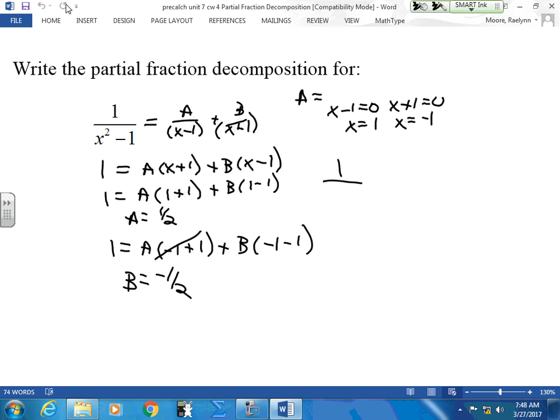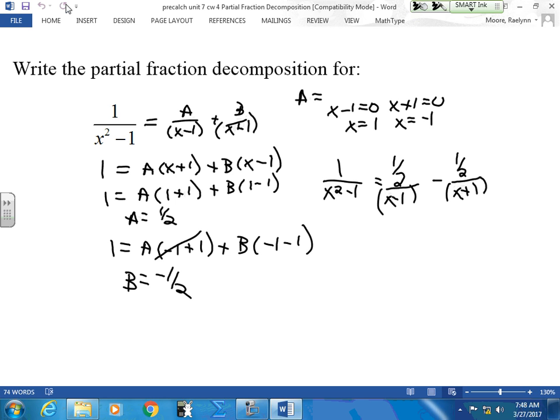We have to start like this. So I'll just put the minus in here if that's okay with you guys. Are we done? No. We can't leave a fraction within a fraction.